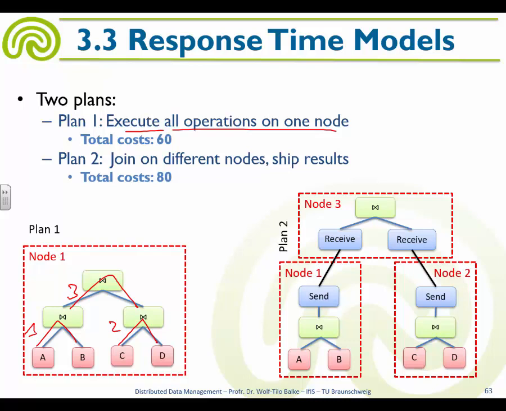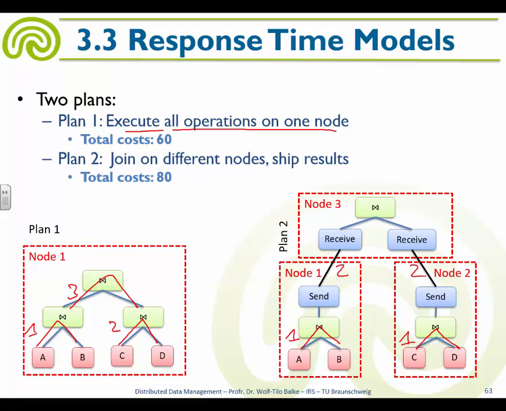So the execution costs for every join are 20, right? So total costs are 60. Now, let me do the thing a little bit differently. I ship the results to a third node. So the first join will be done on the first node here. But at the same time, I do a join at the second node.